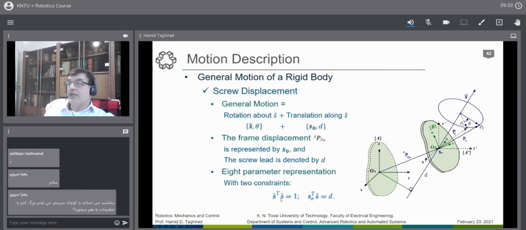So this is a rotational vector, as we see here, but this is one constraint. And the second constraint is that D, the parameter that we are considering here, will relate S0 to S, will relate the translation along this line, and we can say that D is the projection of S0 onto the vector S hat, and so forth and so on. We can say that S0 transpose S hat is equal to D.